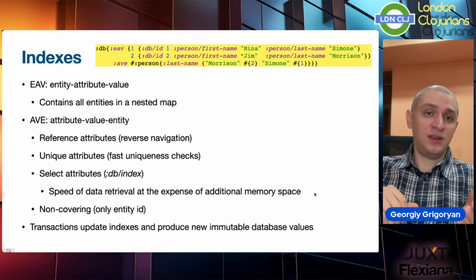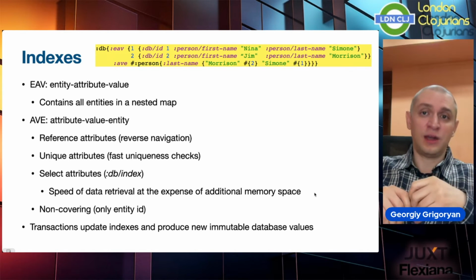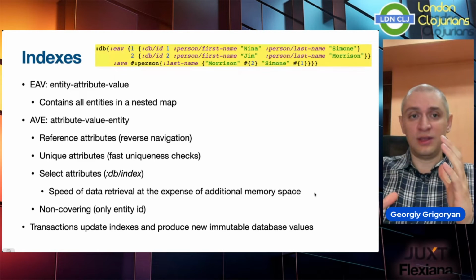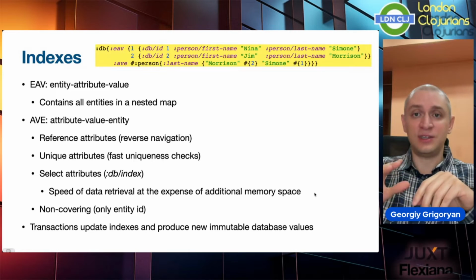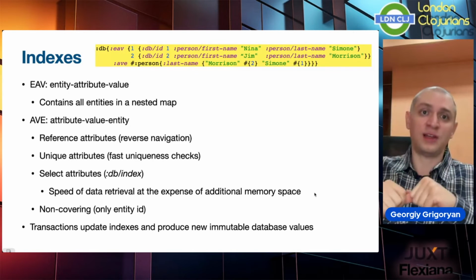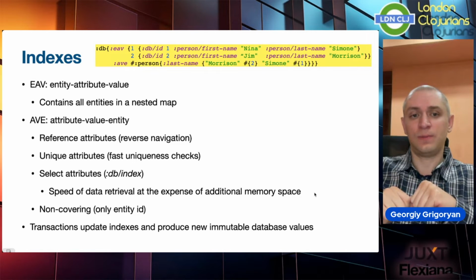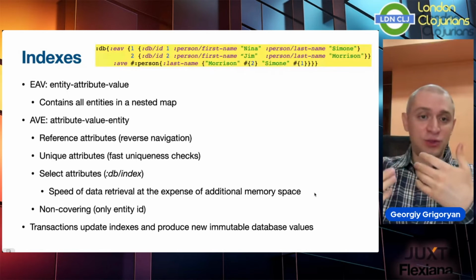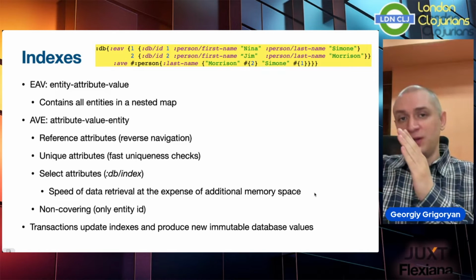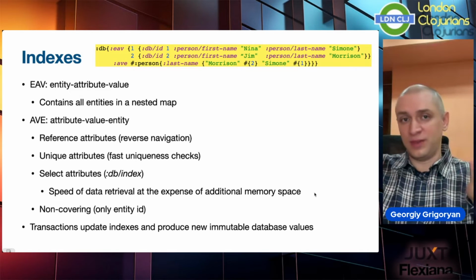And as you can see, the AV index is non-covering, meaning we don't place the whole entity in the E position. We just place the entity ID, and then if we need to get the entire entity, we extract it from the EAV index. And so this is how this goes. Transactions update indices, produce new immutable database values, new things that look like this.